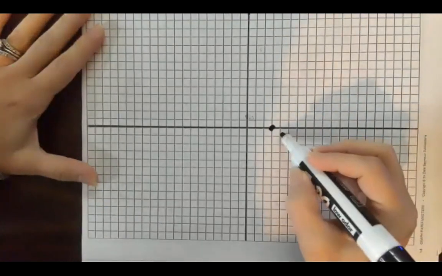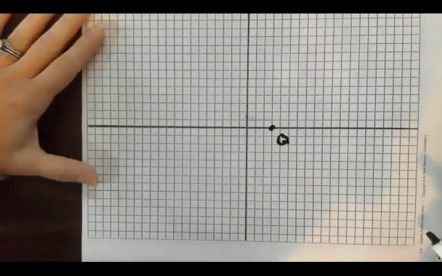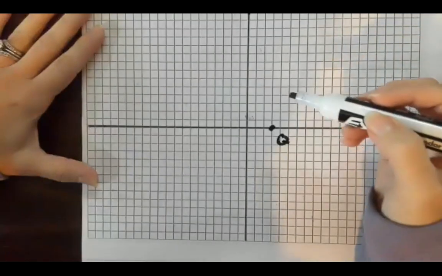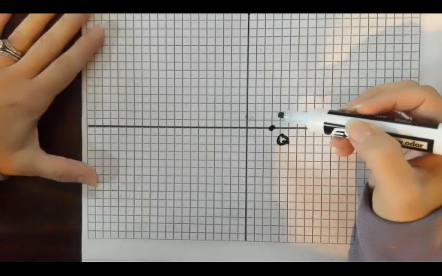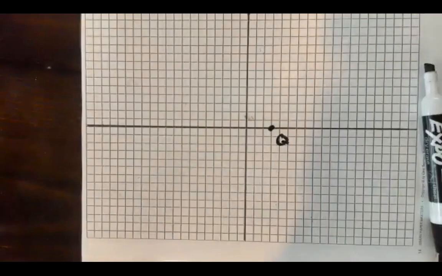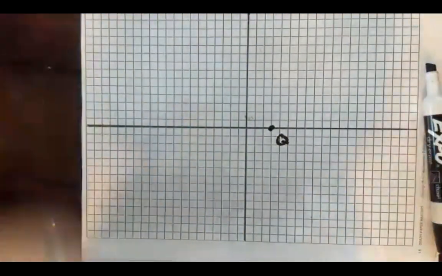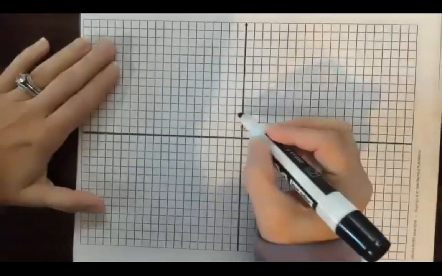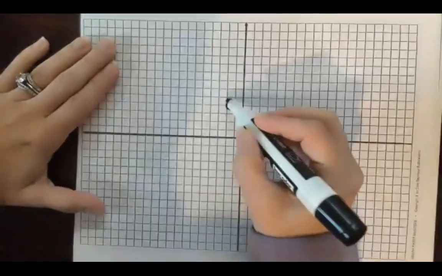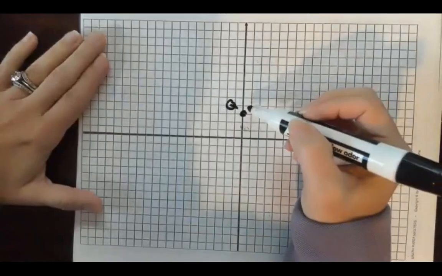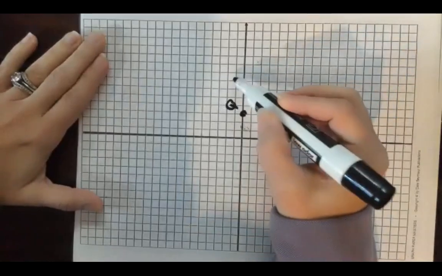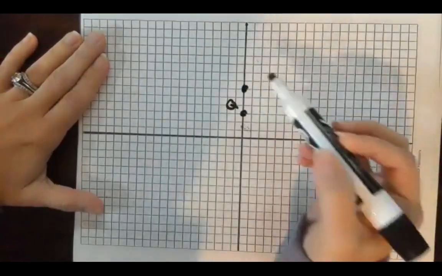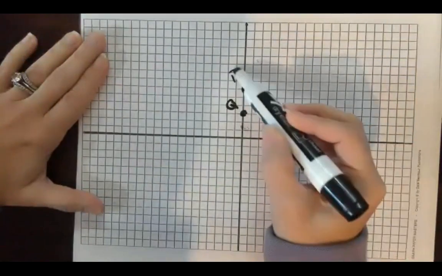Q. Okay, now what? 0, 6. Oh, nobody told me I was going the wrong way. All right, 0, 3, 0, 6. Okay, what is that point? R.